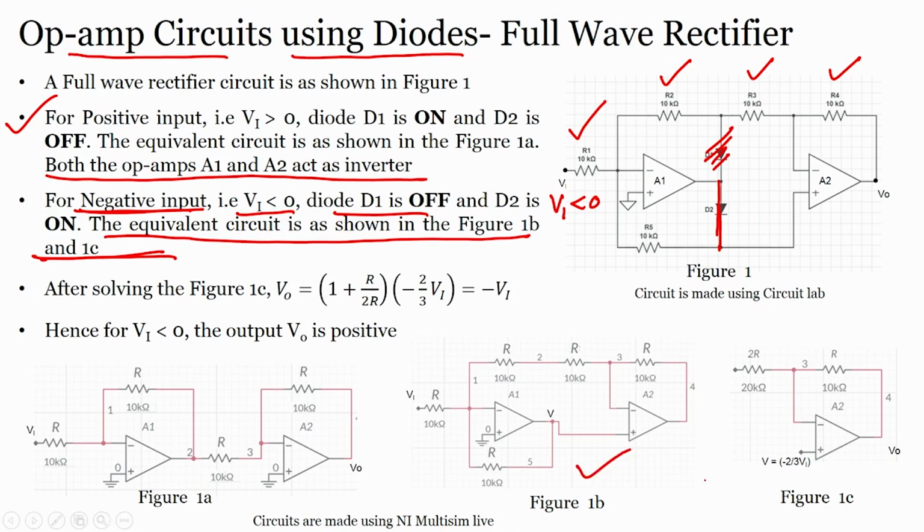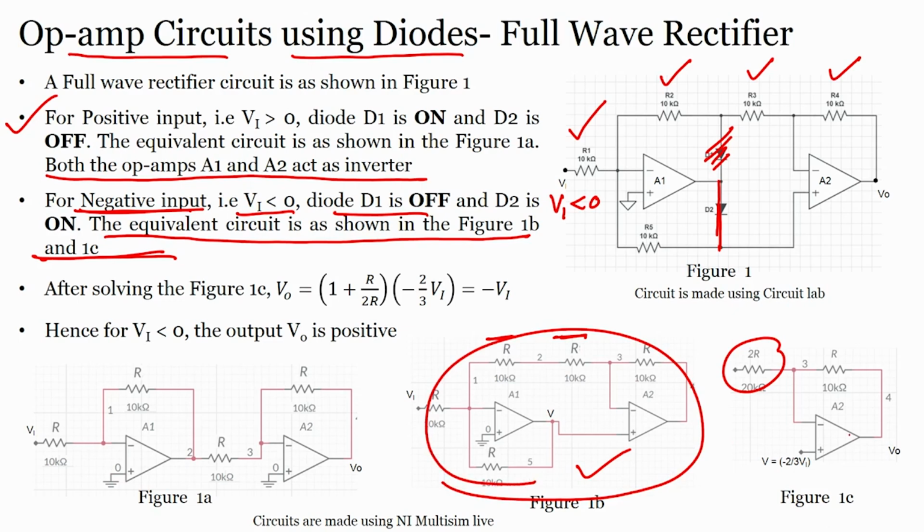figure 1b. Now, what we see in figure 1b is that you have resistor R and resistor R in series, right, that gives you 2R. Or if we further work on this particular circuit and solve it, what we find is that the equivalent circuit of figure 1b will be this one.